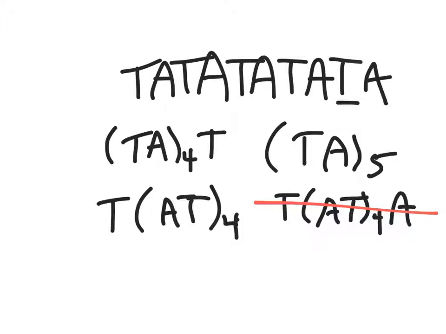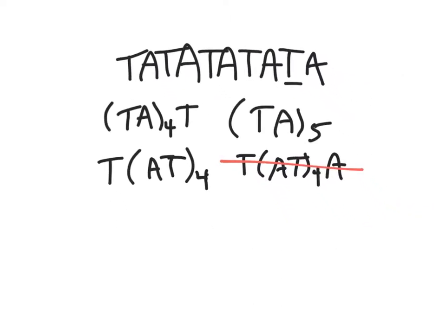Yeah? Could you do TA2? Sure, if you wanted to. Yeah. Oh. Well, that's not, why not? I like creativity. So, yeah, you could say that, although it wouldn't be as concise, you could say that was TATA2.